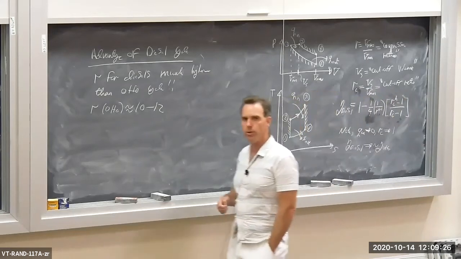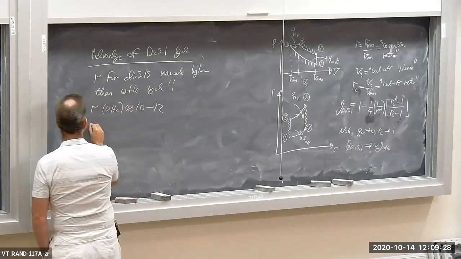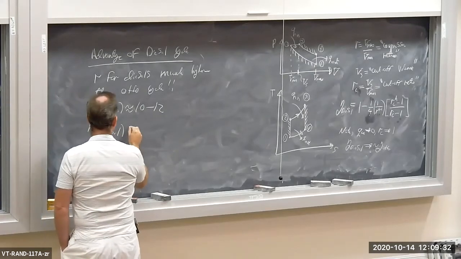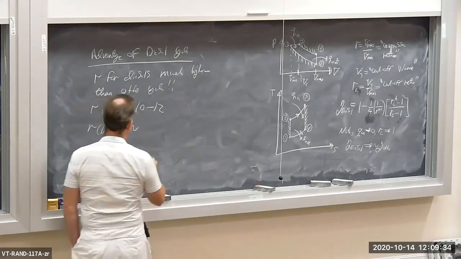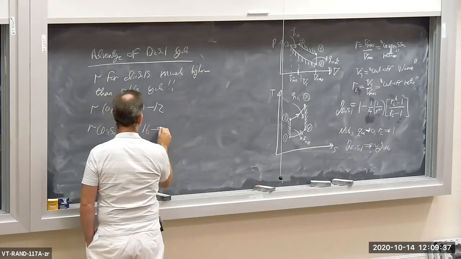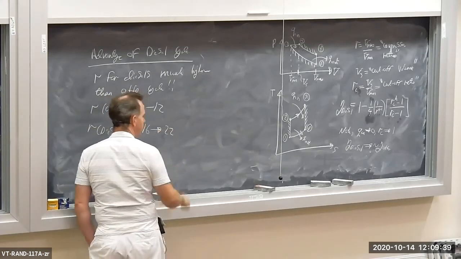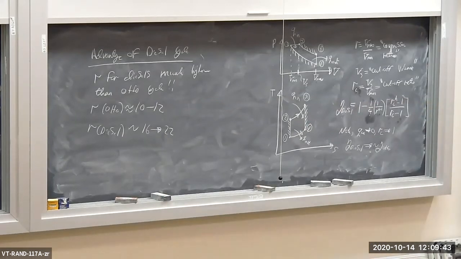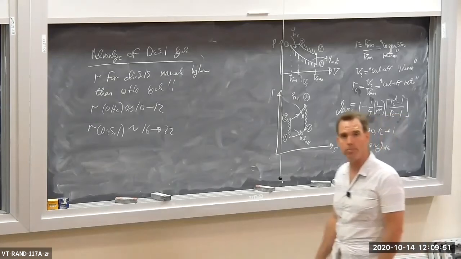For most diesels, R usually ranges anywhere from around 16 all the way up to 22. Very high compression ratios. If you've got an old indirect injection diesel, like from a Mercedes from the 70s or 80s, you're looking at a compression ratio of about 21.5 to 1.